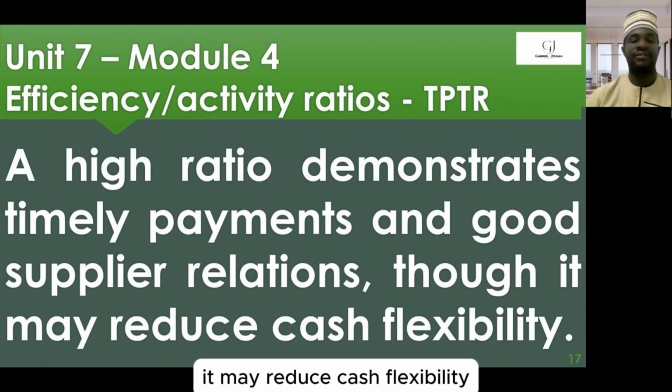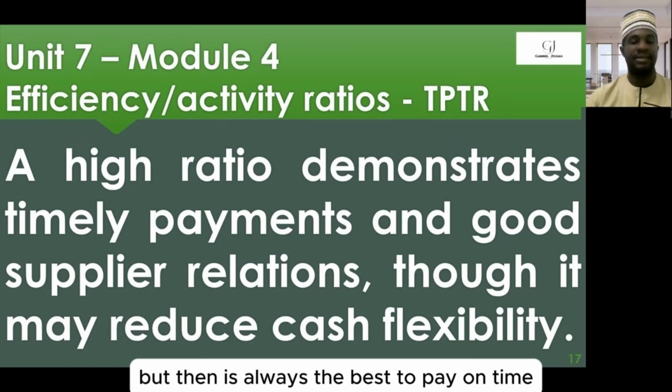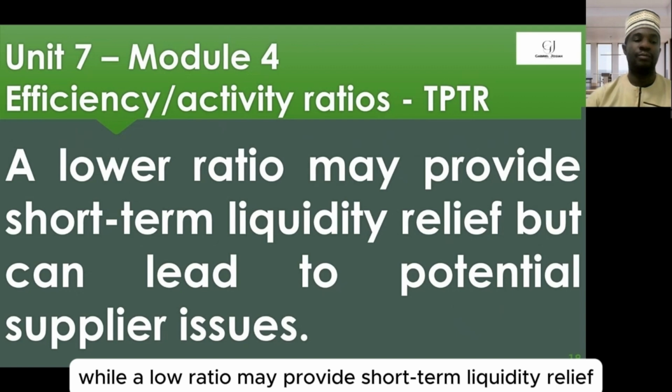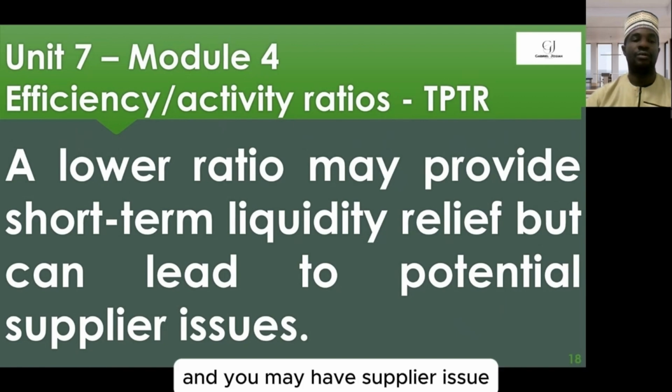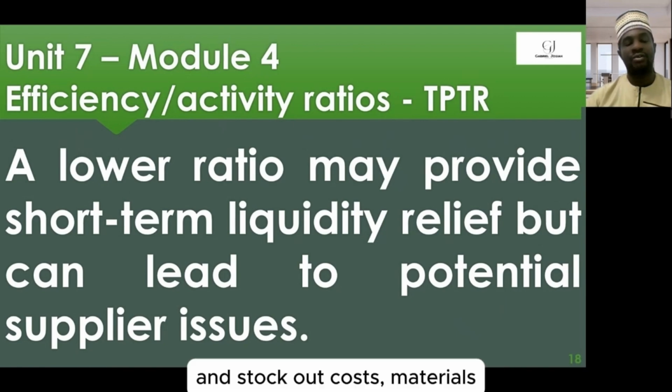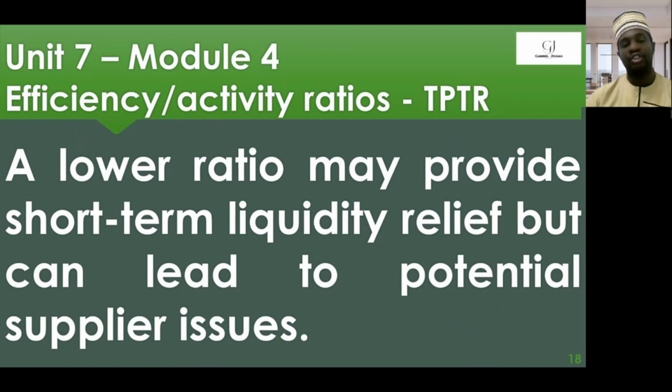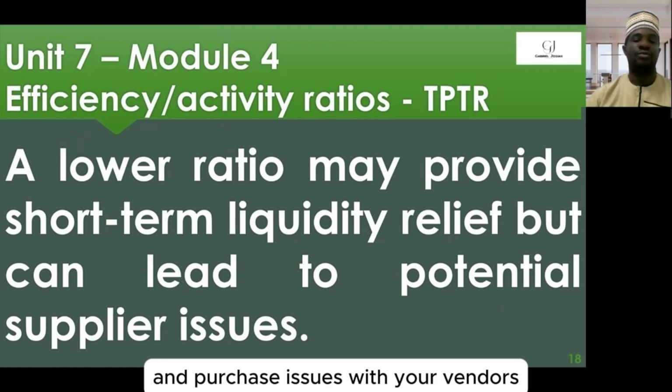Though it may reduce cash flexibility, it's always best to pay on time. While a low ratio can provide short-term liquidity relief, you are straining your relationship with suppliers, and you may have supplier issues, stock-out costs, material purchase issues with your vendors.